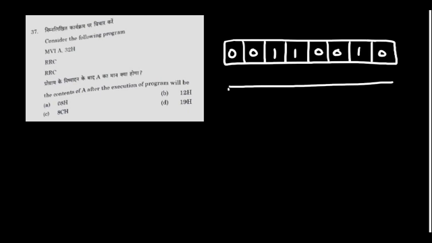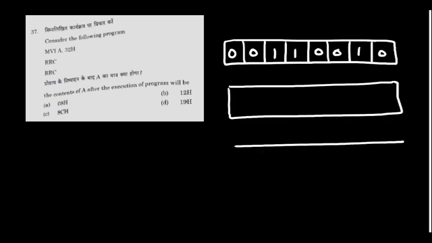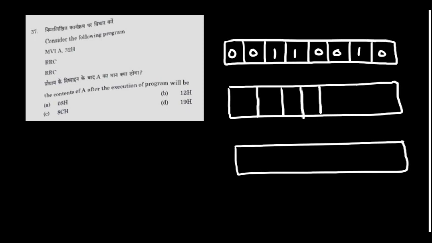Now 2 times we are giving the RRC command, that is rotate accumulator right. One, two, three, 4, 5, 6, 7, 8. 2 times we have to give the RRC command.